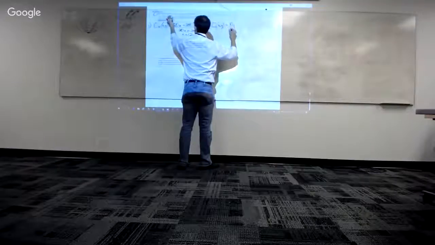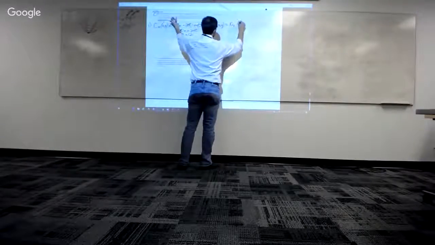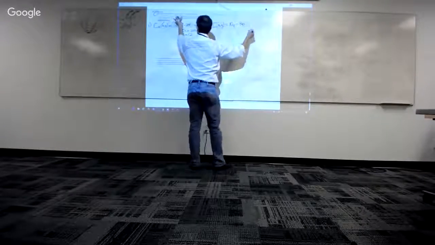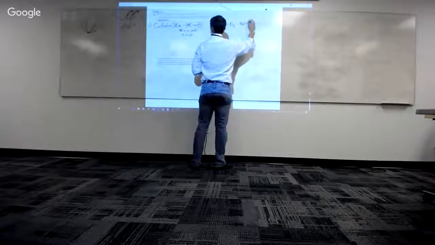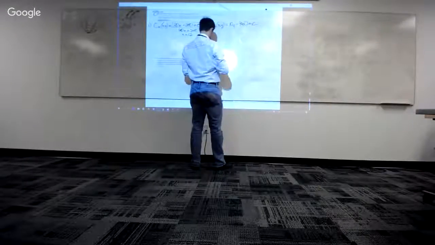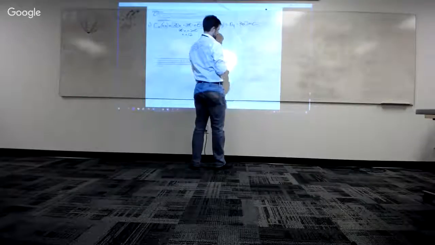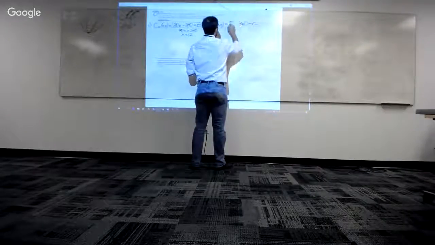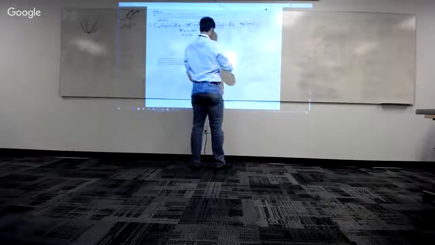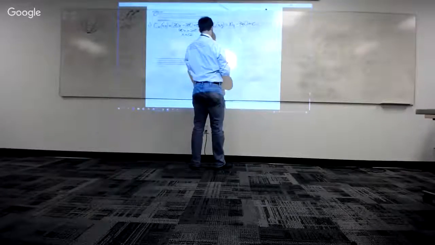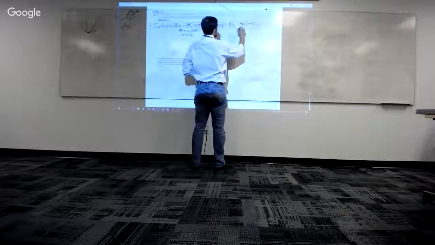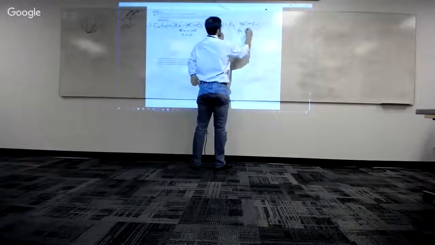Derivative of 240x is nothing, derivative of negative 360y is minus 360. And derivative of 18,000 is nothing. So now we say that equals 0 and solve. And 10y equals 360, so y equals 36.